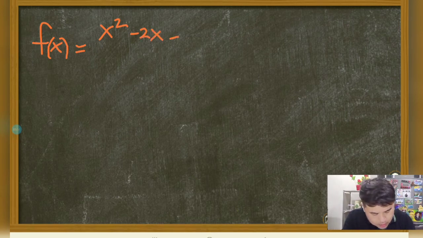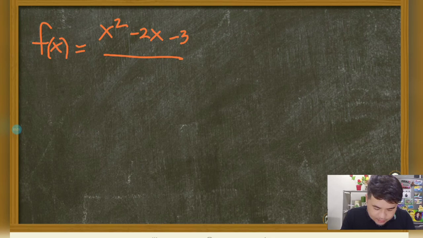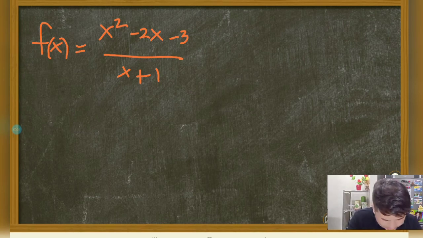Okay, let's consider another example for the domain and the range. Say for example, I have f(x) = (x squared minus 2x minus 3) divided by (x plus 1). If you look at it, this expression defining the function rule will be undefined if x is negative 1. Why?